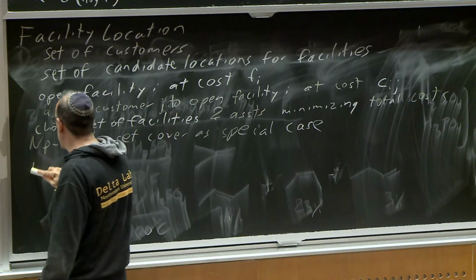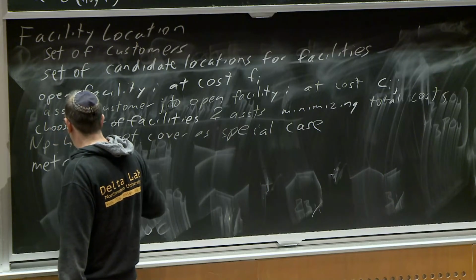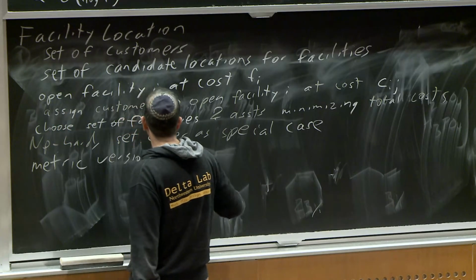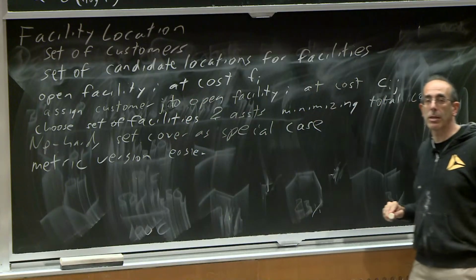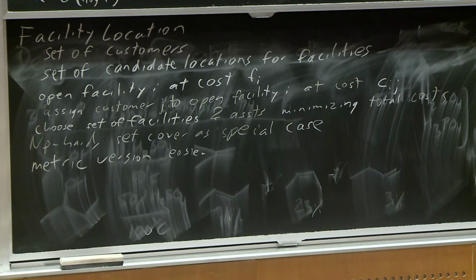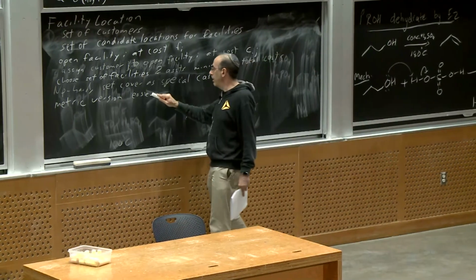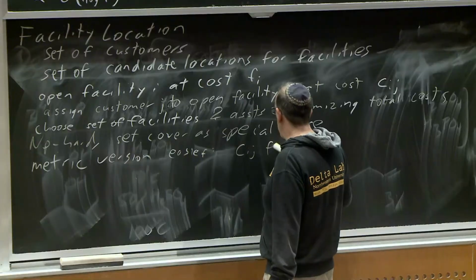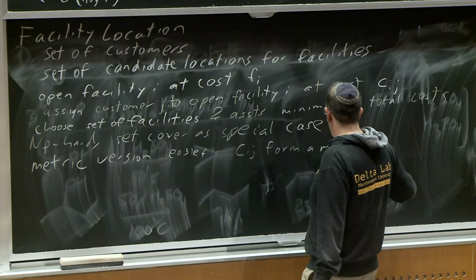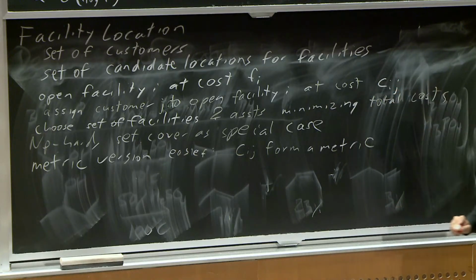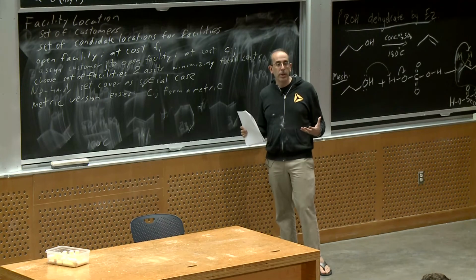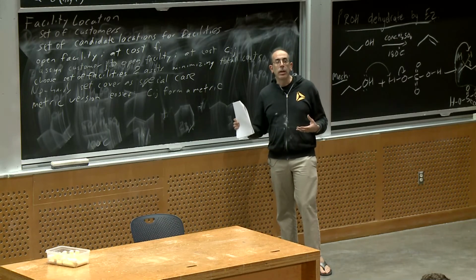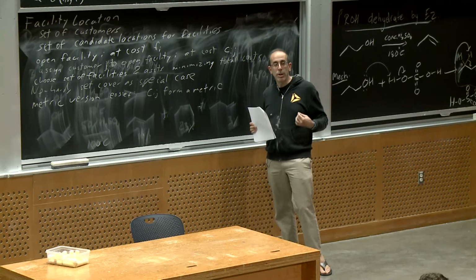But a special case is the metric version. And that is easier. And so we are going to work on an approximation algorithm for the metric version of the facility location problem. This just says that the c_ij's form a metric. So the triangle inequality holds. And so if, for example, your facilities and customers are somewhere on a map in a place that is not Boston, then you can assume that triangle inequality holds.